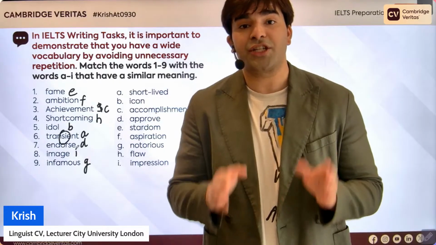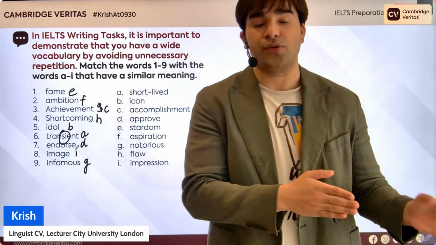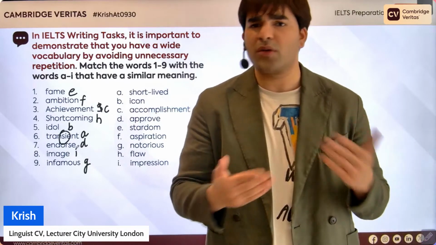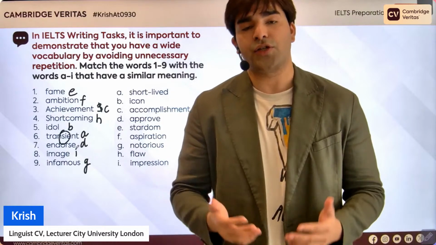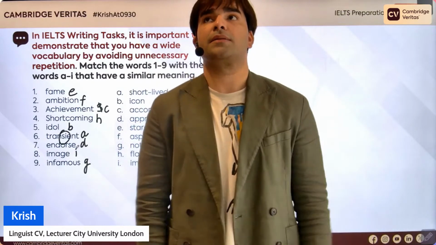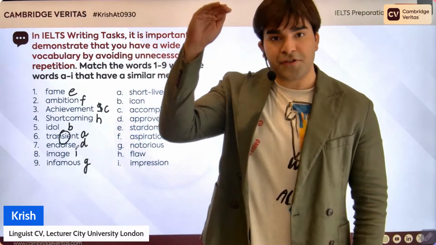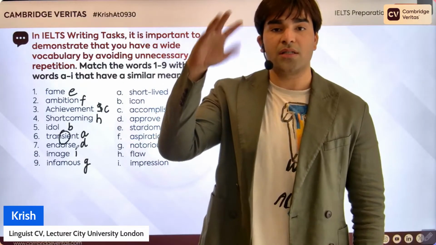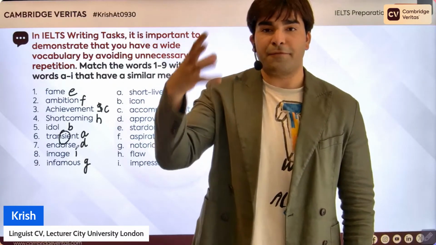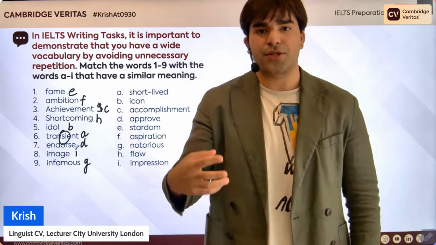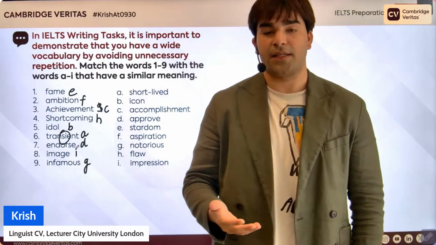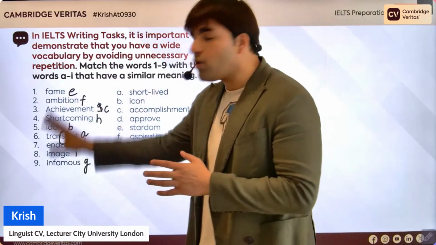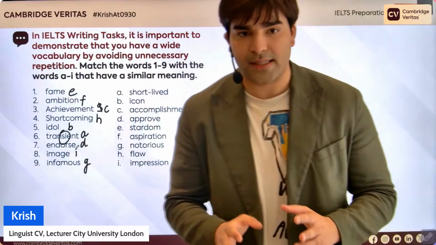You have to show that you can also use C1, C2 vocabulary. What is the meaning of C1, C2? C1, C2 basically means using proficient, advanced level words, idioms, phrasal verbs, collocations, all of these kinds of things. So the idea is you have to use all kinds of words. That's what I'm trying to say.